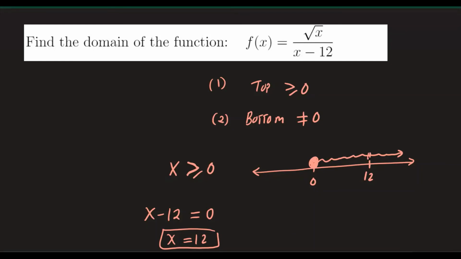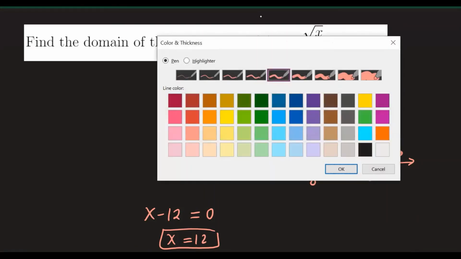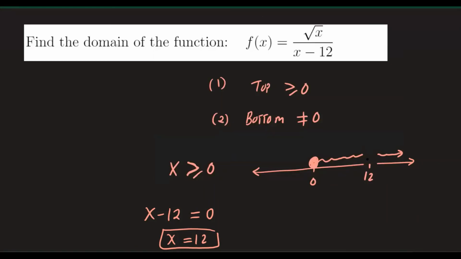So we're going to put an open circle at 12. This is how it's going to look. We put an open circle at 12, and then everything else is fine. So that's the domain of the entire piece, the top and bottom together.